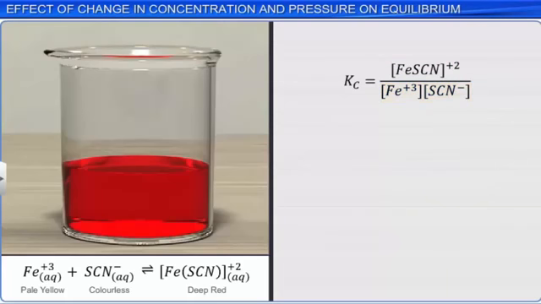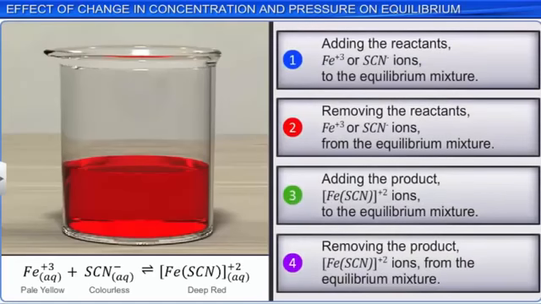You have already learned that at equilibrium, reaction quotient Qc becomes equal to equilibrium constant Kc. Hence, you can write Qc is equal to Kc at equilibrium. To understand the effect of change in concentration on equilibrium, let us consider some cases. Adding the reactants Fe+3 or SCN- ions to the equilibrium mixture.